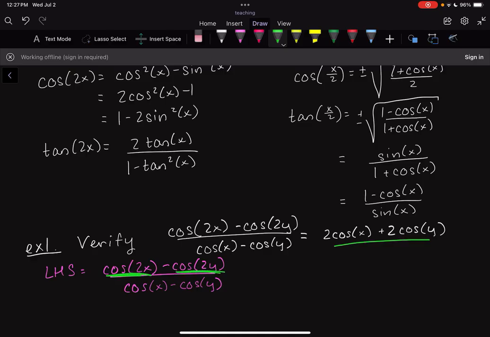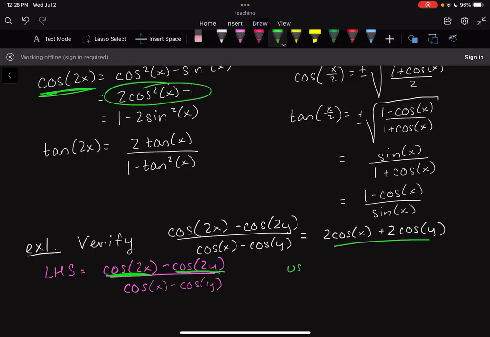And so for that, I'll look at my cosine double angle, and I can pick one of the three. Now, which one you would pick just depends on where you're trying to get to. Something I notice is that we don't seem like we want sine at all, because I'm trying to get to stuff that only has cosine in it. So I'm going to pick the one that only has cosine in it.